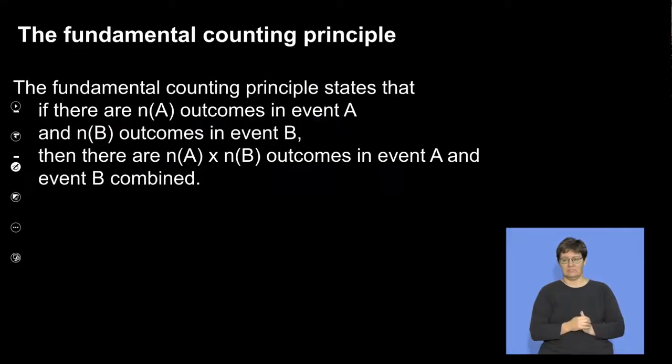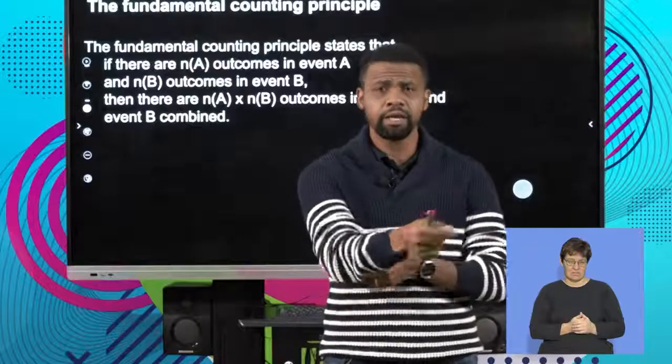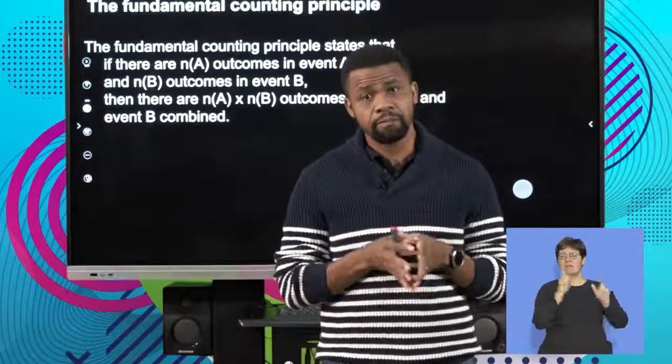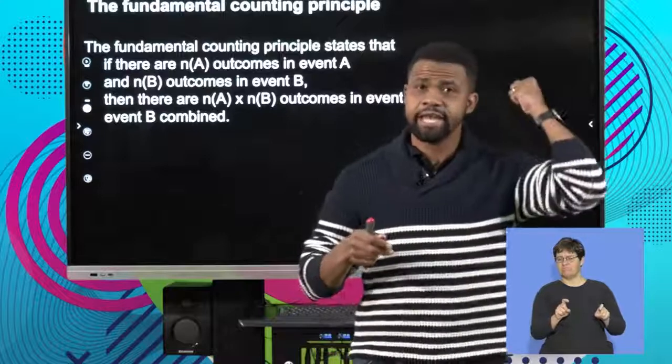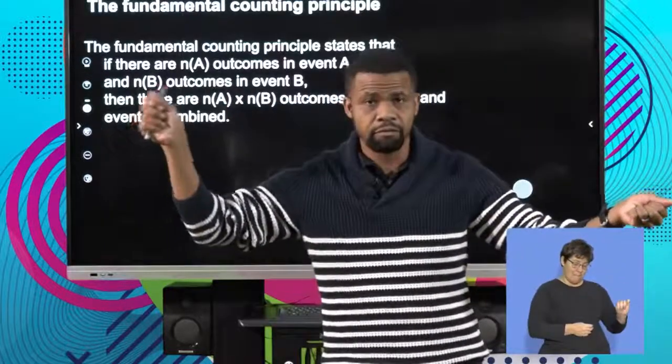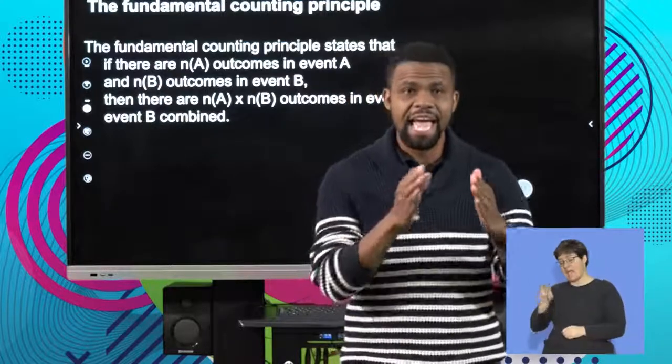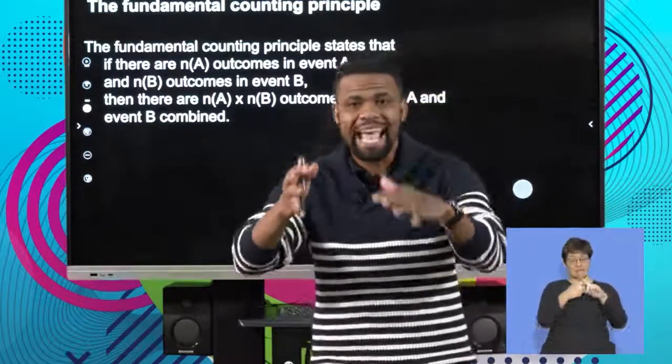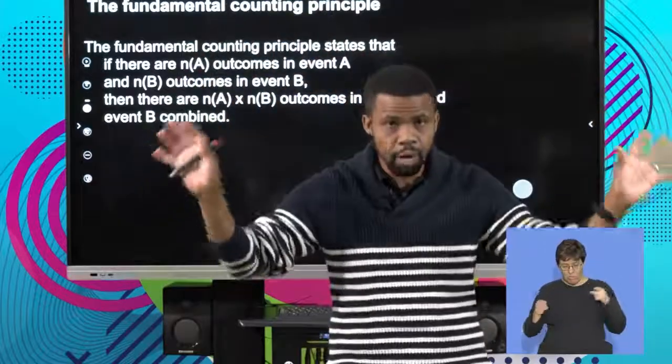Okay, so then from there, we have to remember our fundamental principle of counting. What does the fundamental principle of counting say? If there's M ways of doing something and N ways of doing something, then there is M multiplied by N ways of doing both together.